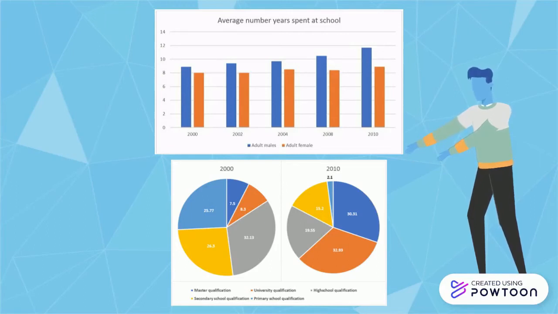Finally, with the steady rise of adult male schooling years, the rate of university qualification increased most significantly, while that of primary declined sharply. Now let's jump into the next slide.